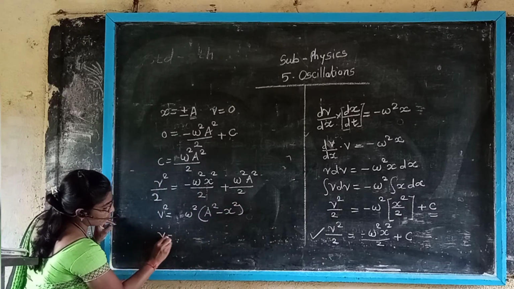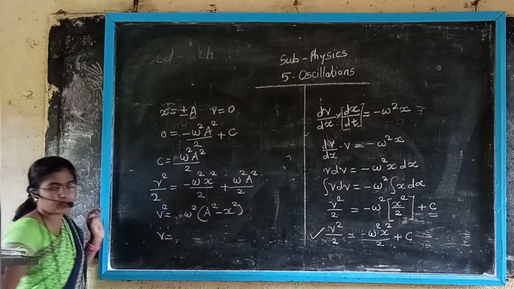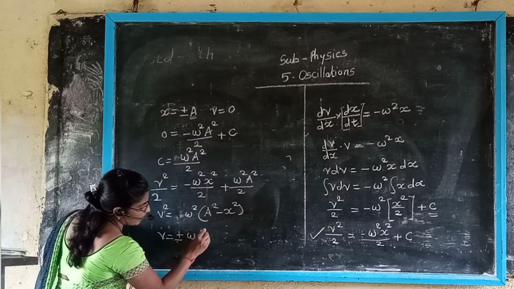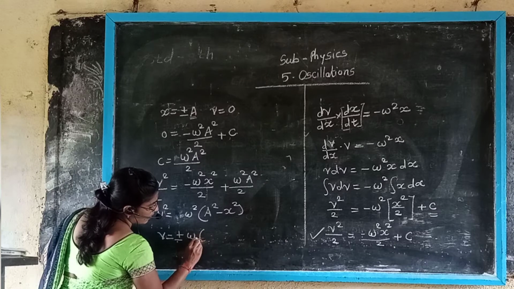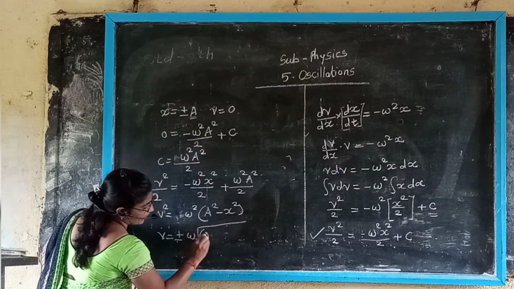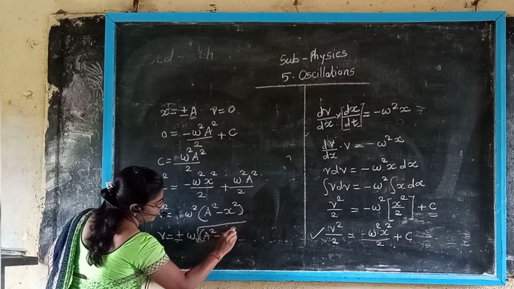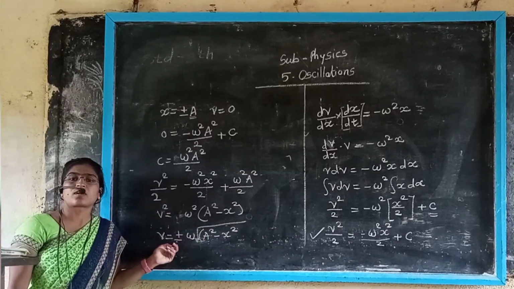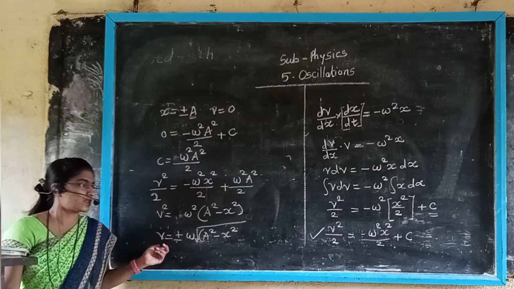Taking square root on both sides, we get v is equal to plus minus omega under root a square minus x square. This is the expression for velocity of linear SHM.